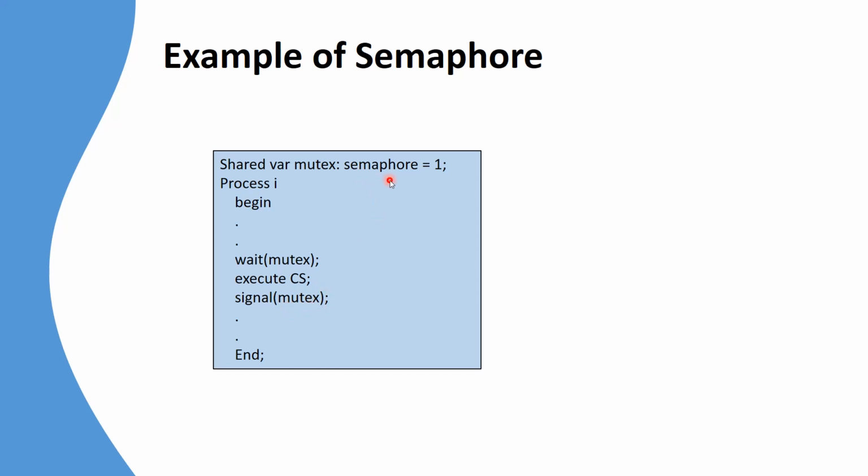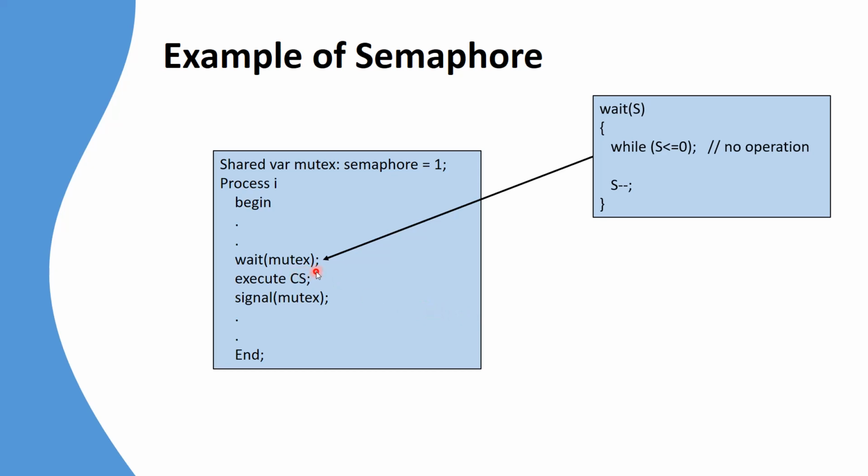Initially the semaphore value is set to 1. The s value, as we have seen in the previous example, is set to 1. Any process, in this example process i, wants to enter, so it will execute the wait operation, then it will go to the critical section. Once it comes out of the critical section, it will execute the signal operation.